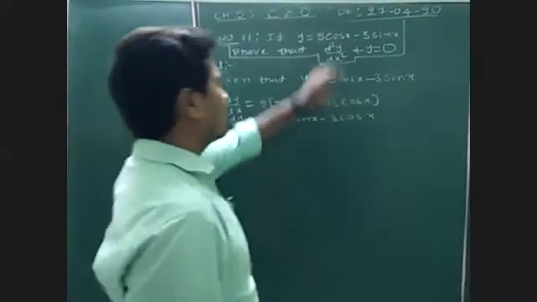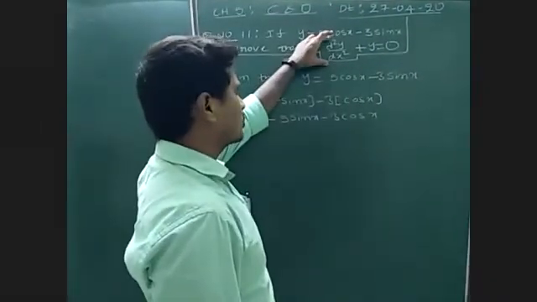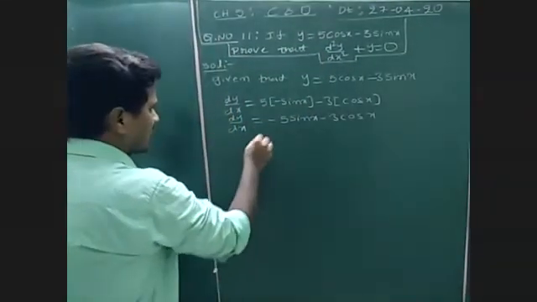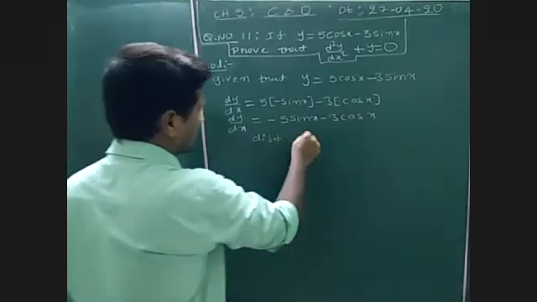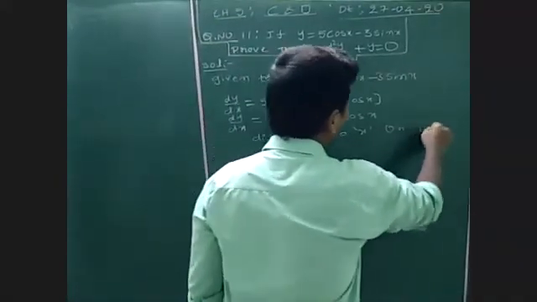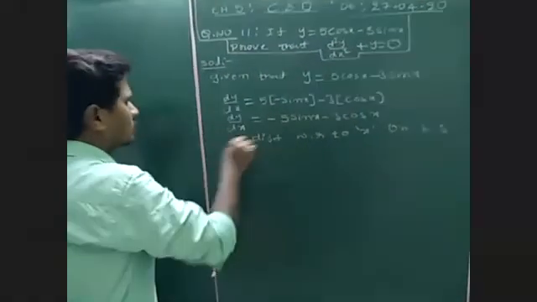But in the given question, we have to prove d square y by dx square. Again we can differentiate with respect to x on both sides.